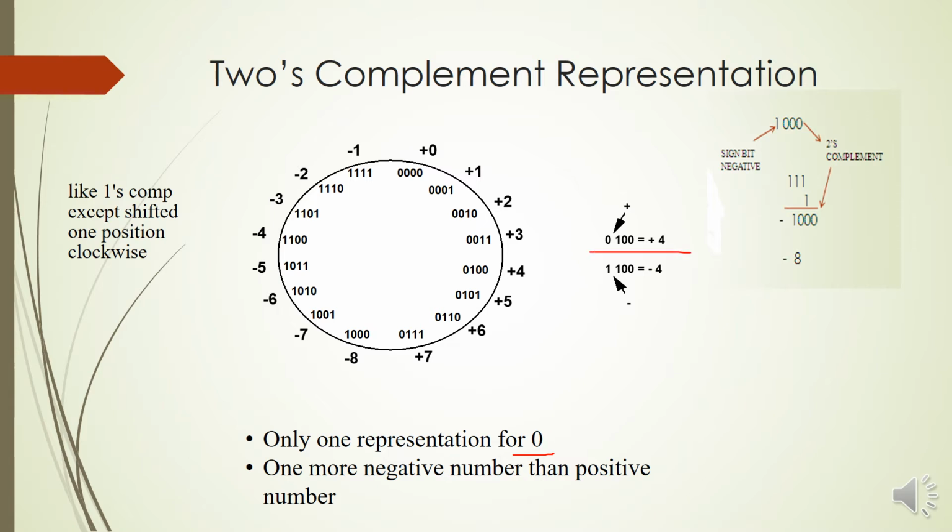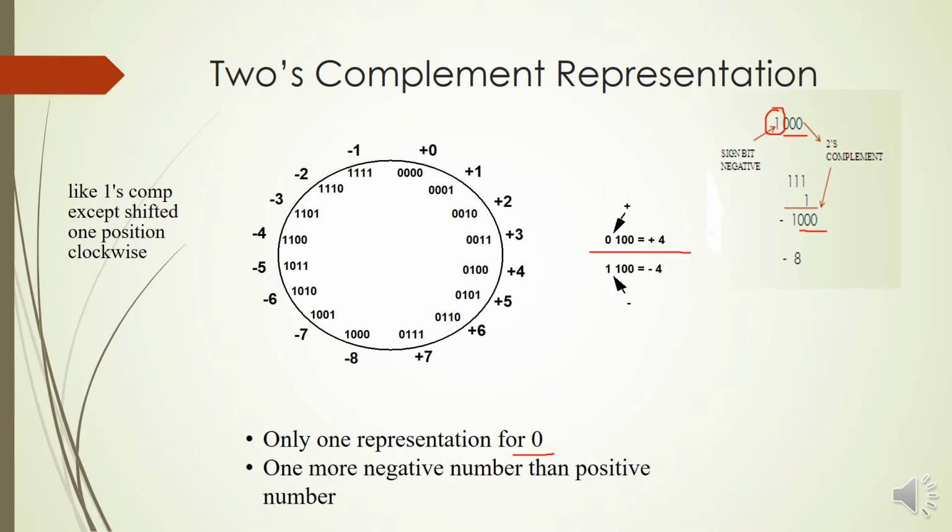Consider a number 0100, where the 0, which is the MSB bit, represents the sign of the number. The remaining 3 bits will be in the two's complement form of the decimal equivalent. Here if I consider 1000, 1 gives you the sign bit, which is negative here. The triple zeros have to be converted into two's complement in order to get the magnitude of the number, that is equal to minus 8.